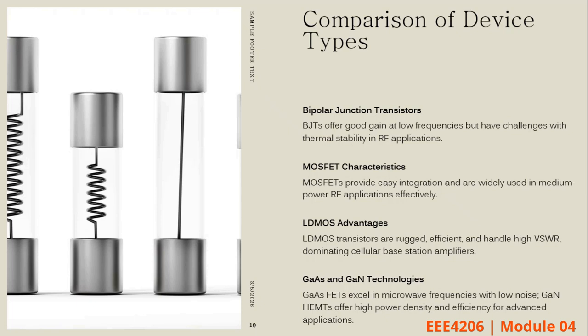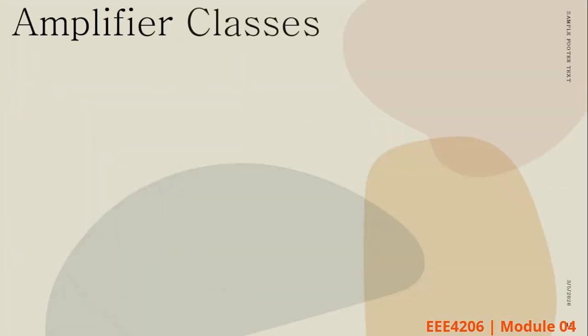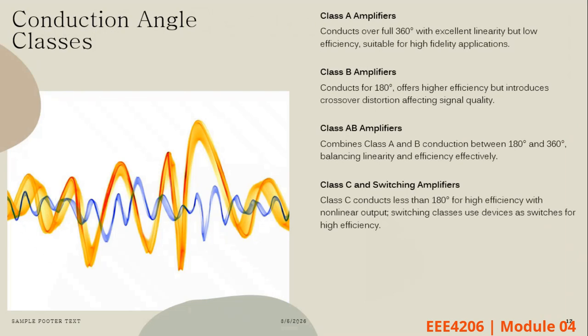But in the notes, you'll learn more about this, and you can also dig deeper to understand the working principles of these. Then let's look at the classes of amplifiers. So power amplifiers are categorized based on something called the conduction angle. And this conduction angle is like the full cycle of the transistor.